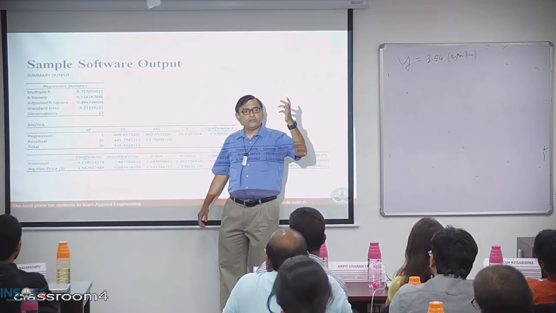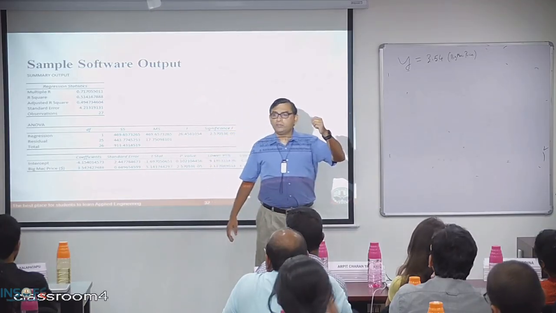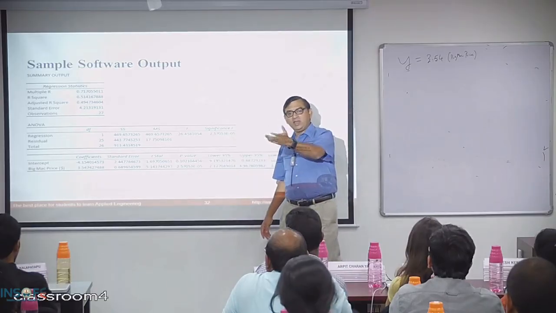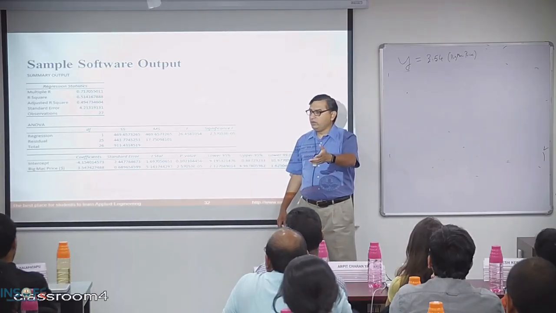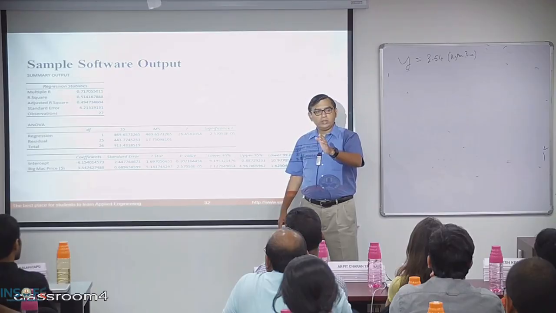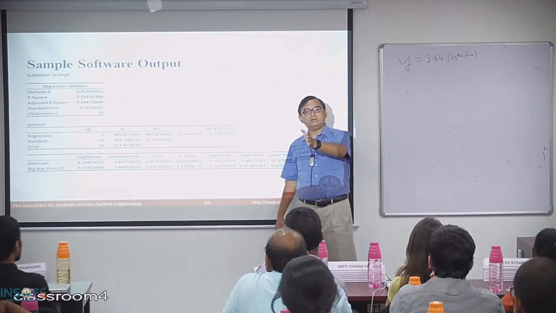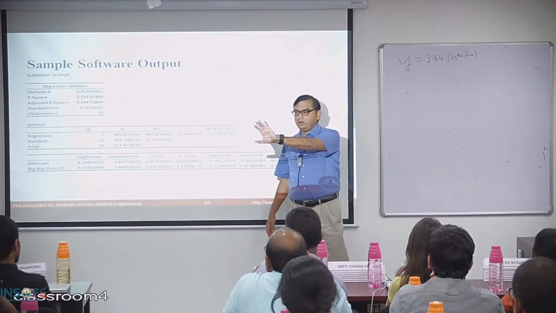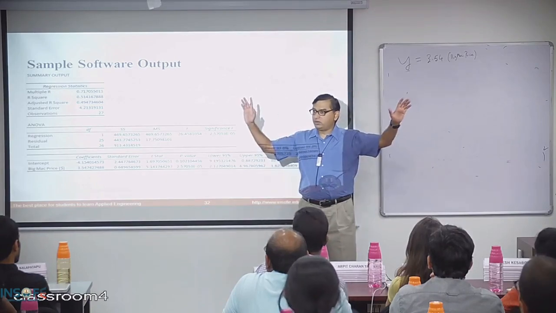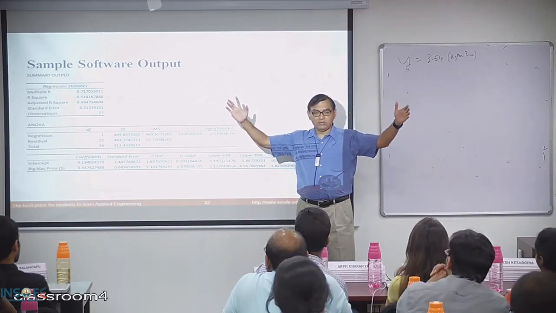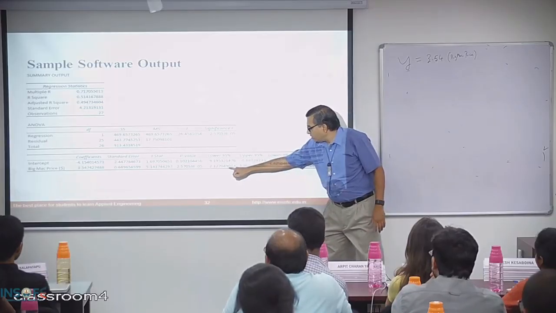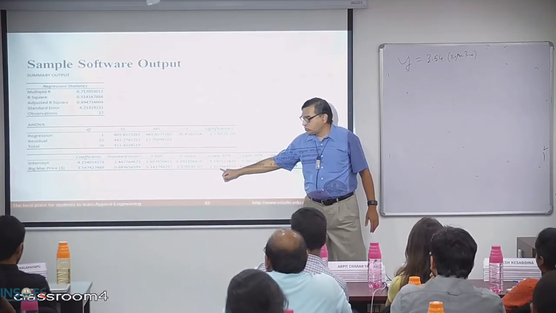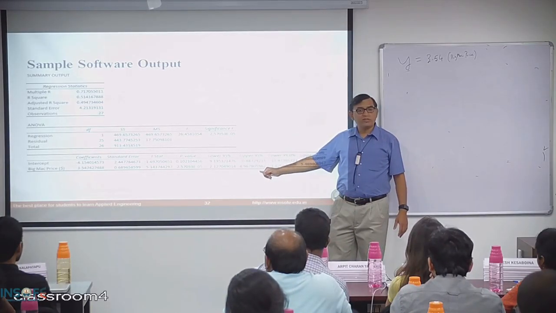How do you do that? If it is a 95% confidence interval, then you do 1.96 times the standard error, plus or minus that number. That gives you the 95% interval. That's what they have given: the lower 95% of the slope and upper 95% of the slope.